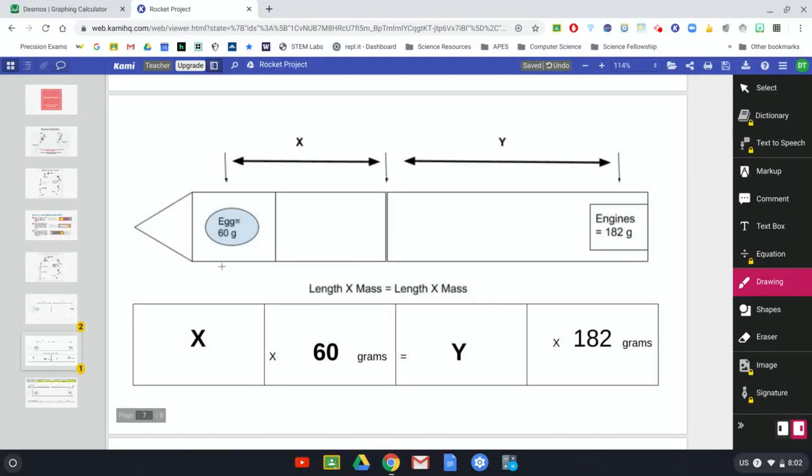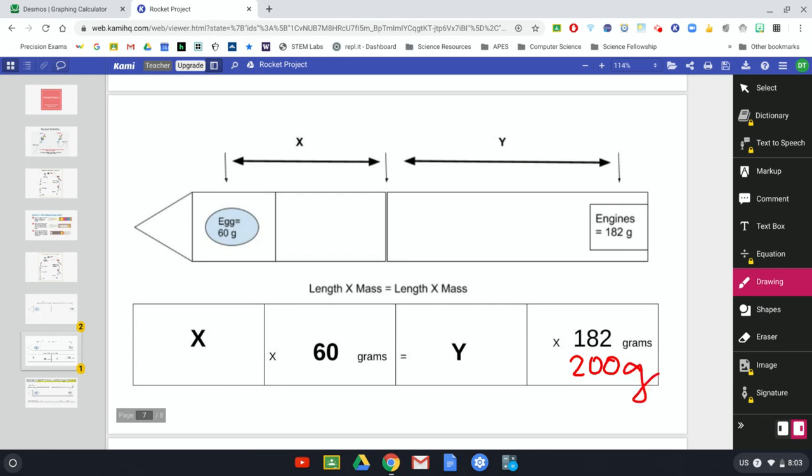Also, normally we would have taken the mass of our crew capsules and gotten a really good accurate measurement of what the crew capsule actually weighed with all of the packing material and things like that in there. You can kind of add a little bit to these estimates. So for example, the engines with the motor mount is probably closer to 200 grams.